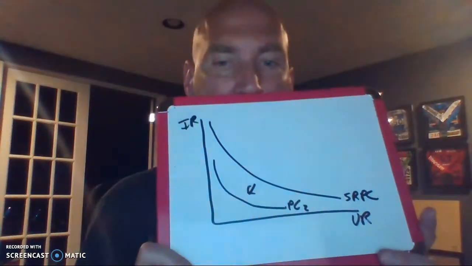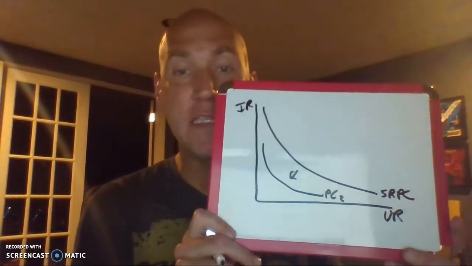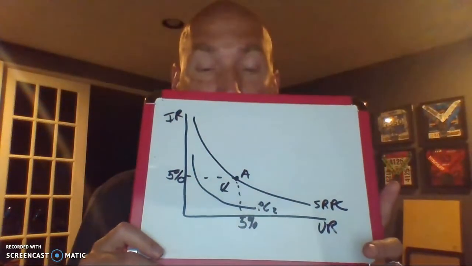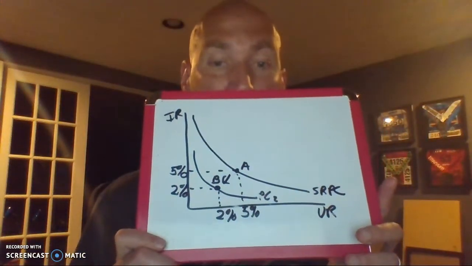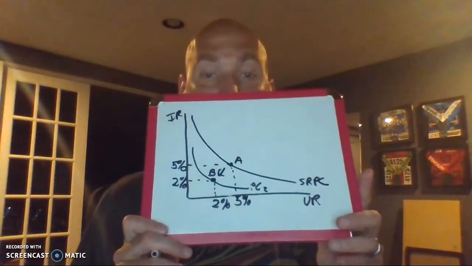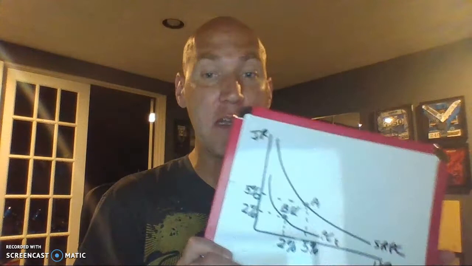Due to the increase in aggregate supply, we will have lower levels of unemployment and lower levels of inflation. Say point A was 5% and 5%, our original unemployment and inflation. Now we're at a point like B, which is, we'll say, 2% and 2%: 2% expected inflation rate, 2% unemployment rate. So things are looking a lot better. When short-run aggregate supply increases, the Phillips curve moves to the left.